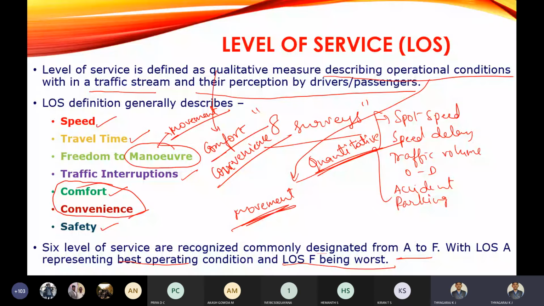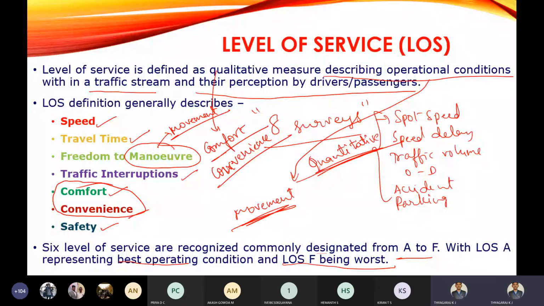So remember, level of service is defined as a qualitative measurement in terms of operational conditions. If you can move freely, we can say that it is level of service A, that is, without any interruption. If you are moving without affecting the speed, comfort and convenience, and safety, we can say that the level of service is of high priority.